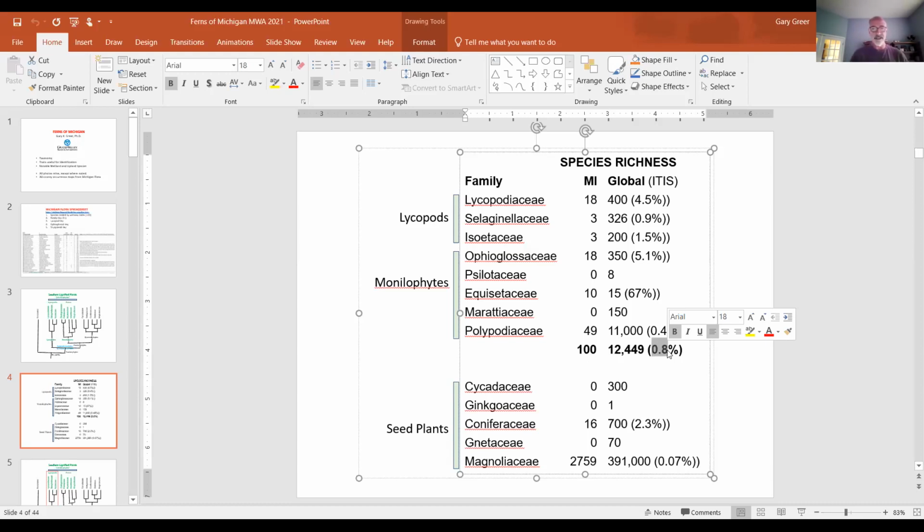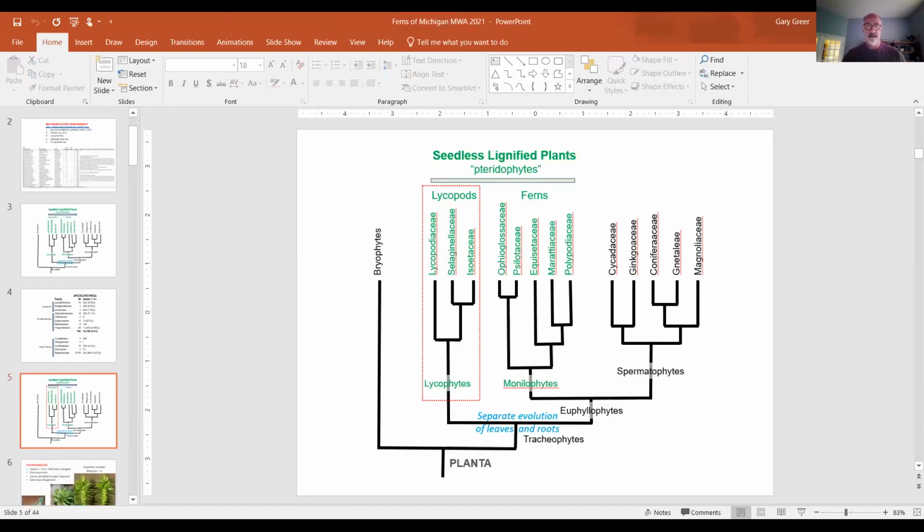But given Michigan's size and location, that's pretty impressive. If we were in Arizona, it'd be much lower. And of course, compared to seed plants, Michigan, interestingly, has a much smaller ratio of the seed plant diversity. So Michigan in some ways has a strong representation of pteridophytes.